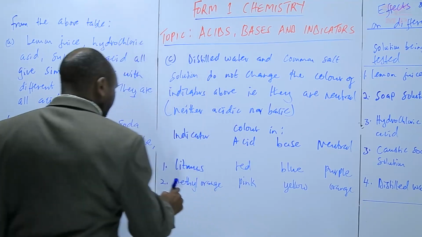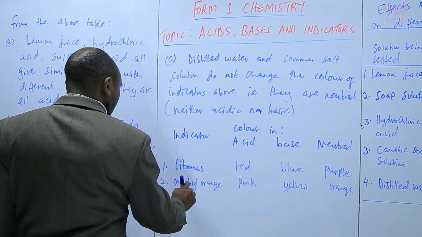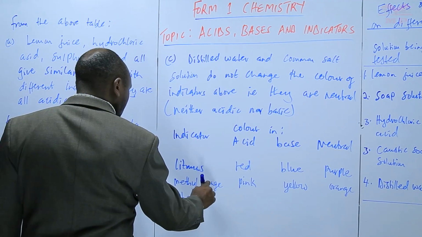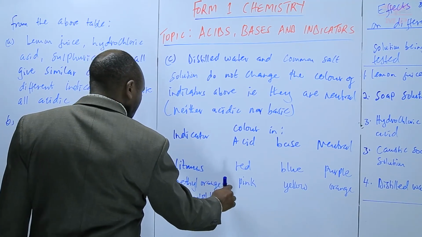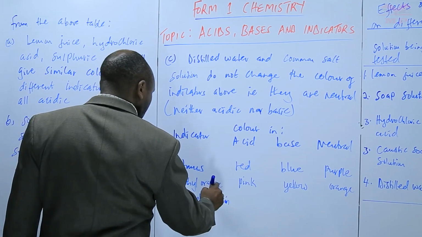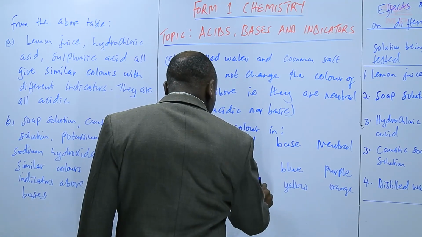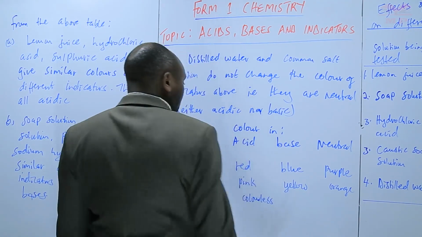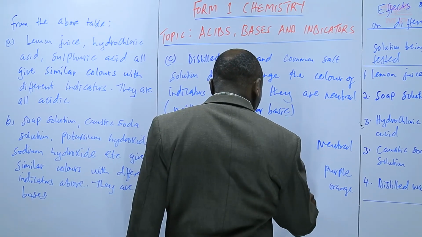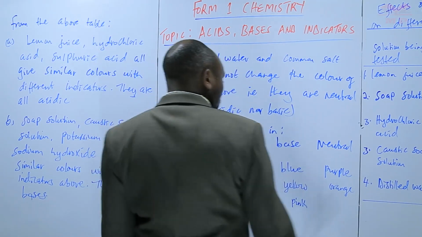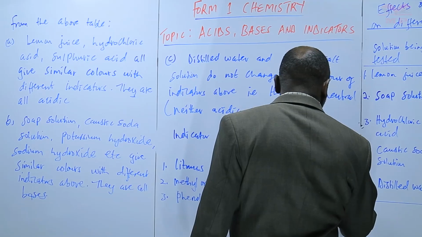And then finally, phenolphthalein, as another indicator. In acid, it is colorless. In base, it is pink. In neutral, it's also colorless.